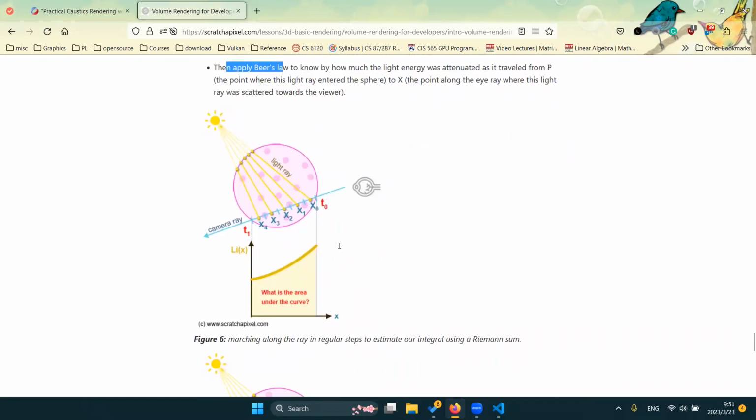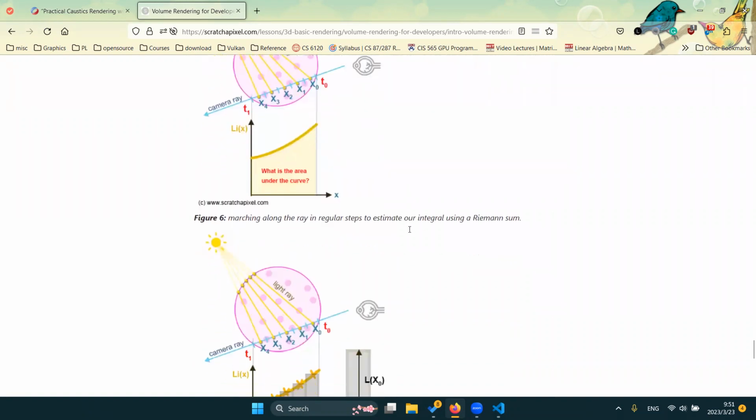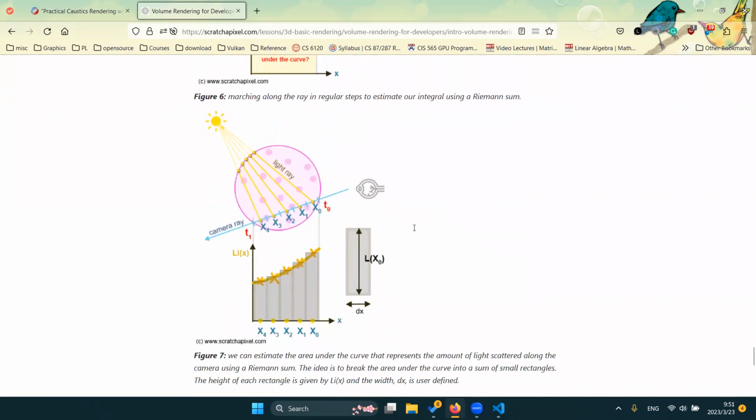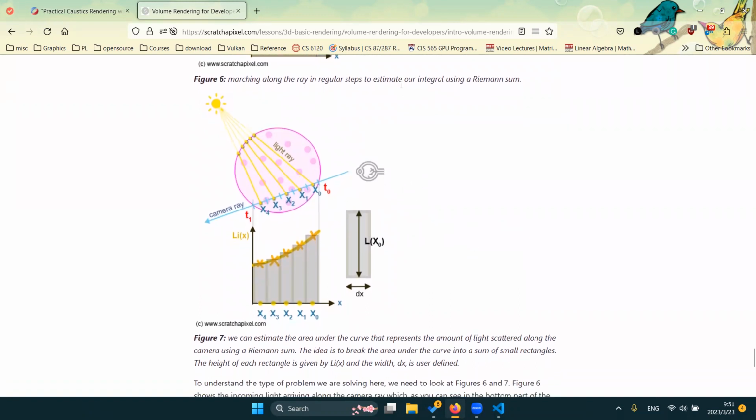Yep. And estimate our integral using Riemann sum.